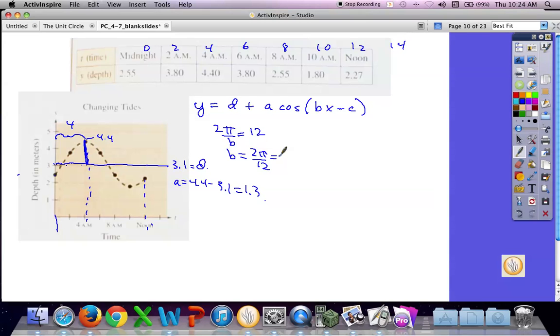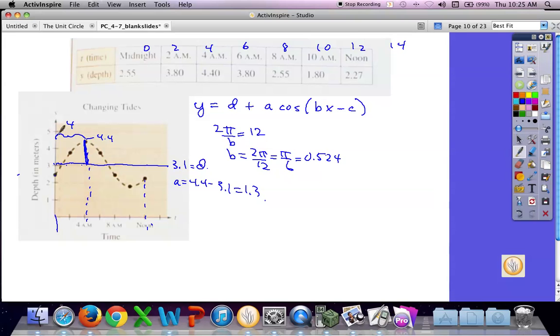That's 0.524. Multiply by b, divide by 12. So we now know that's the B. Now we know the D and the A and the B. The only thing we don't know is the C.